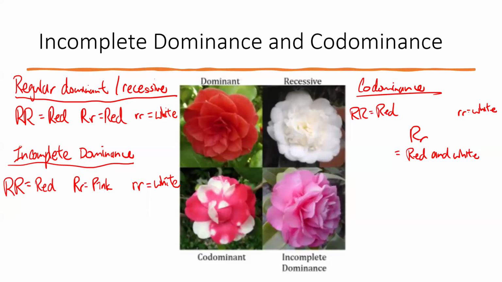Do you understand the difference between codominance and incomplete dominance? Long tail with short tail, and then you get medium tail length. Is that an example of incomplete dominance or codominance? Let me repeat.